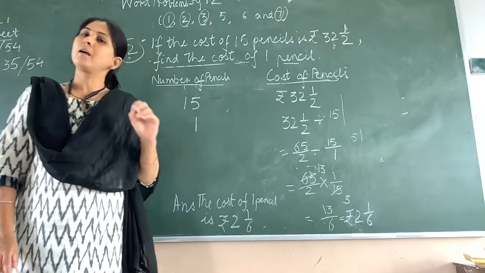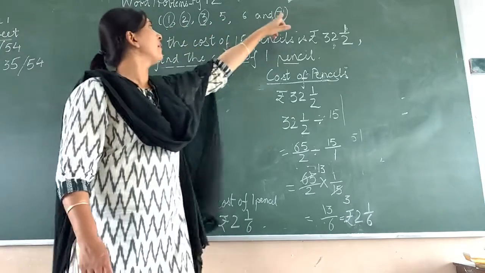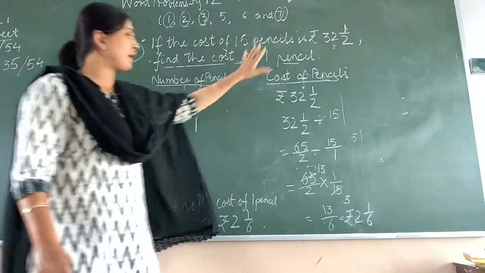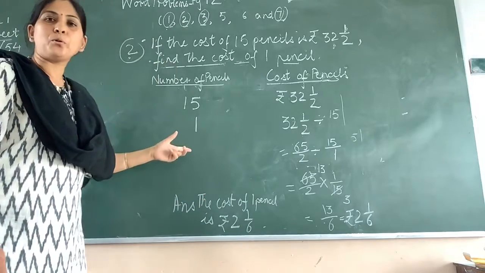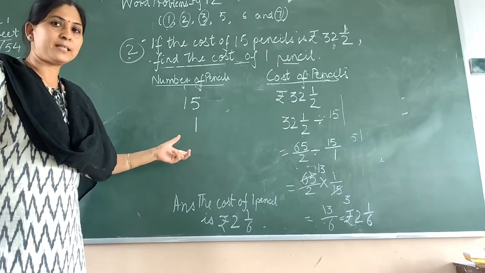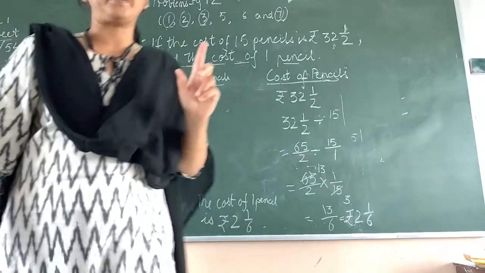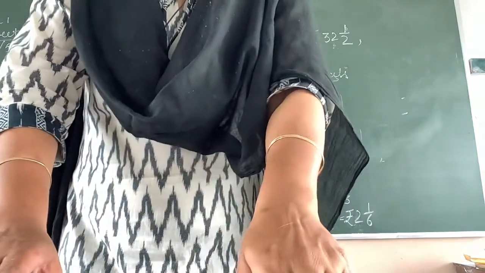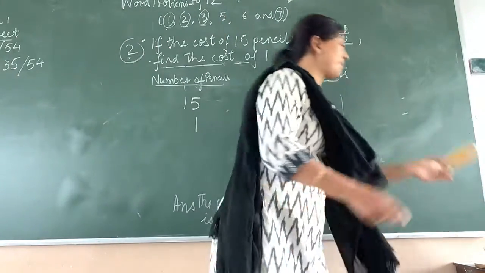This is our answer. So children, questions 1, 2, 3 and 7 are similar to this problem sum. If you know how to do one problem sum like this, you can do the rest of them also. Now I will explain the sixth problem sum.